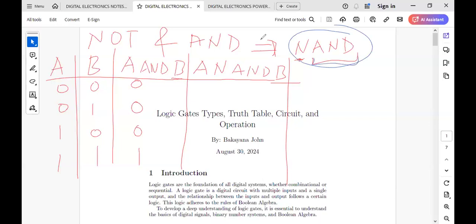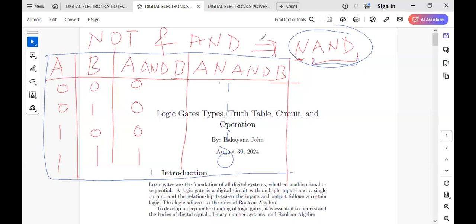So what is going to be here? If this was 0, then this becomes 1, 1, 1, and a 0. Do we get that? Yes. Others, do we get that? Yes, Blessing.